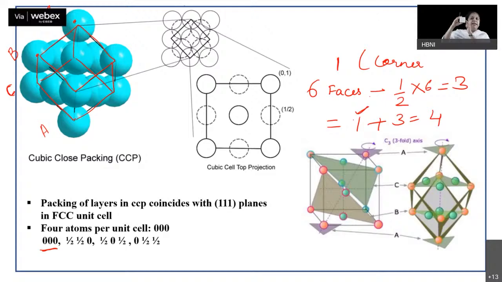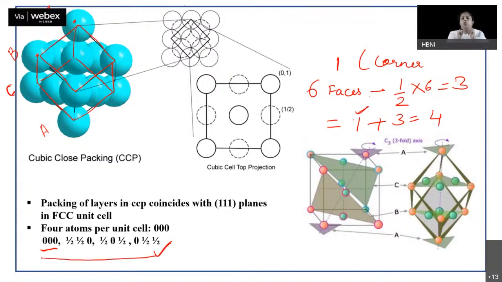So half, 0, half. Similarly, this would be 0, half, half, with y being 0 on that face. Similarly, you will have one more coordinate. Okay, so there are 4 lattice points in the FCC unit cell with these coordinates.